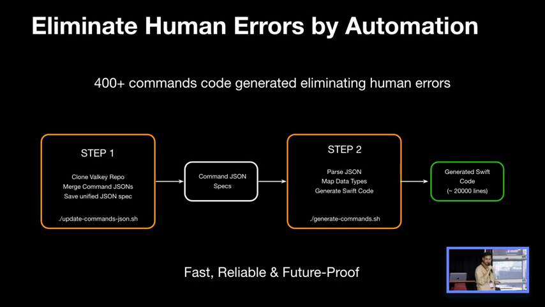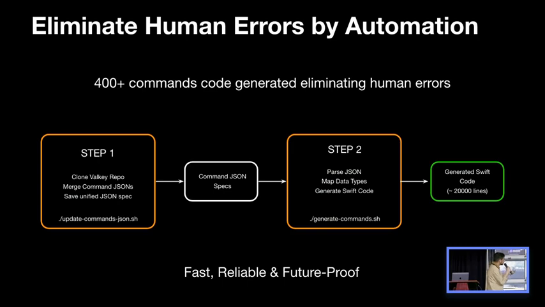So we built a code generator, which consumes the command JSON specs, and it generates the Swift code for those commands. The command JSON spec already contains info like the command arguments and the response types, and it generates Swift code like the Swift struct to represent those commands, and convenience methods to execute those commands.